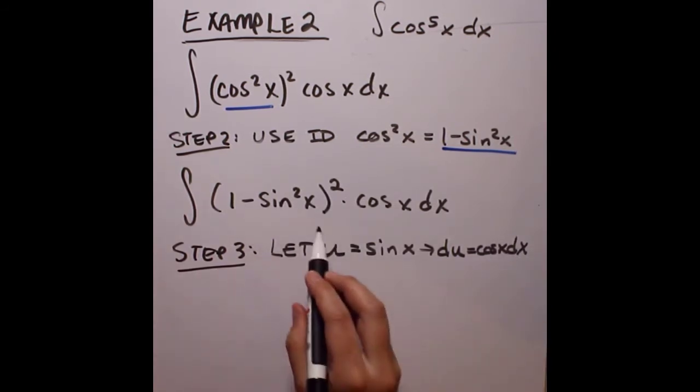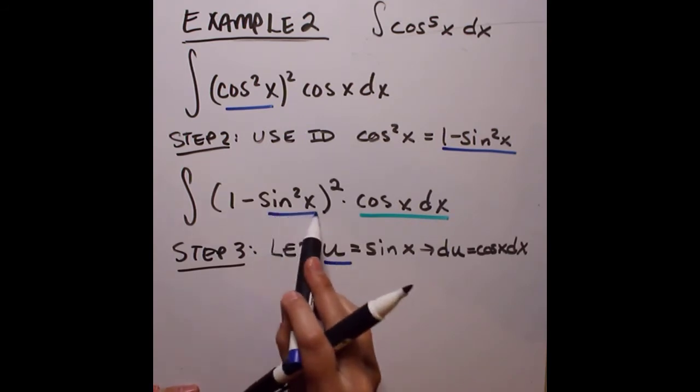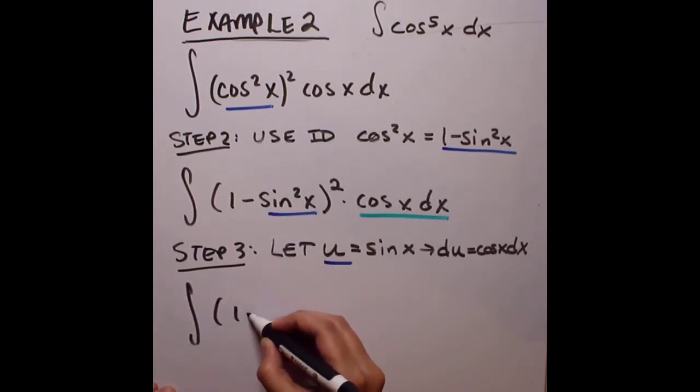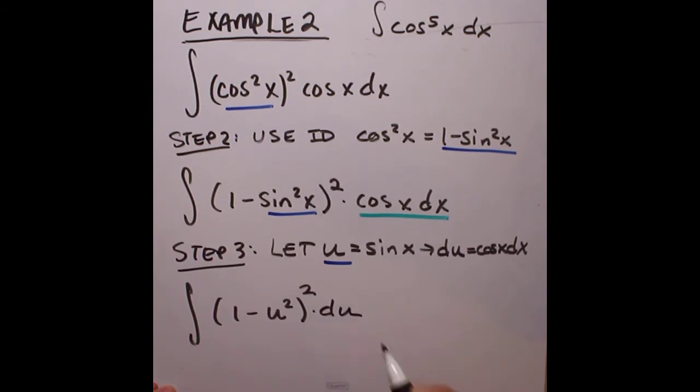And we can sub that directly in here. So we're going to substitute du for cosine x dx, and then substitute u for sine x. And we end up with 1 minus u squared, quantity squared, and all of this is du. Again, this is so much nicer than what we started with because you just use our power rule here.